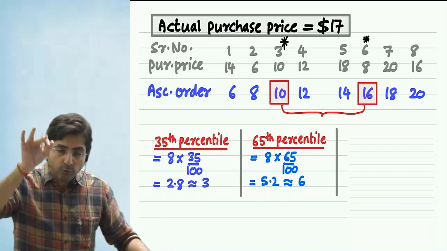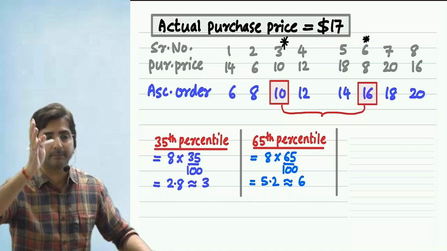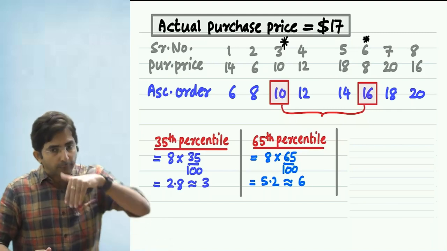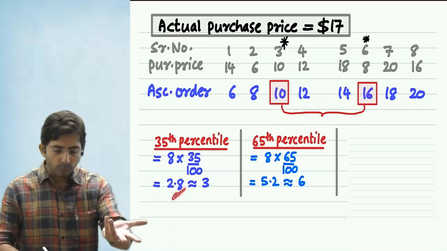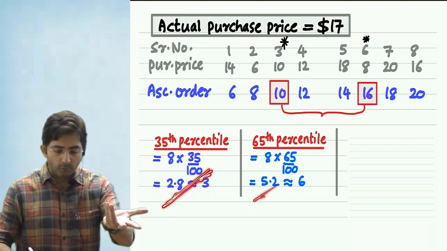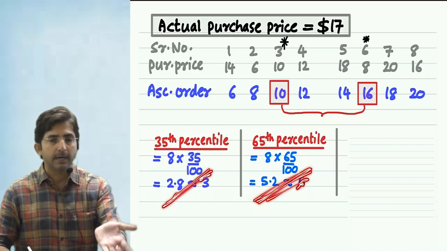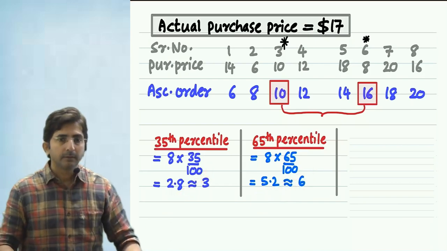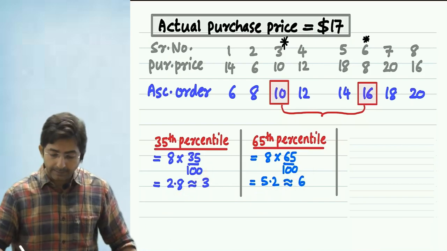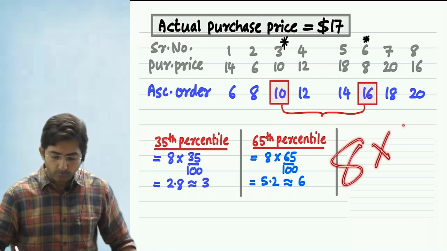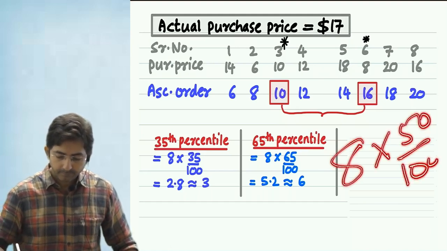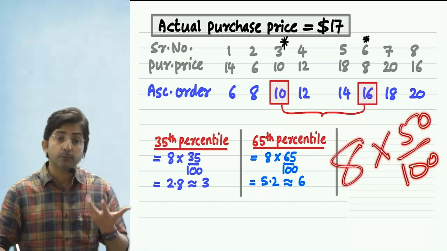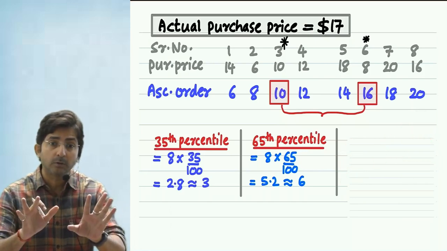So for the genuine price, we will calculate the median. Median is 50%. What was 35% here? What was 65% here? Now it will be 50%. 8 into 50%.